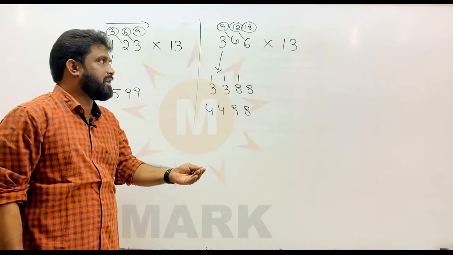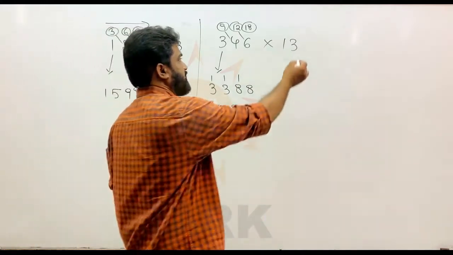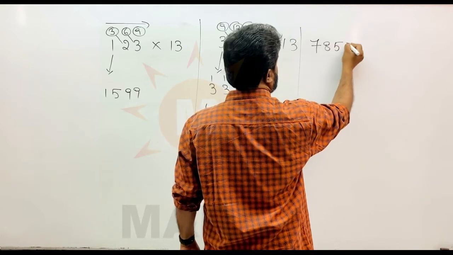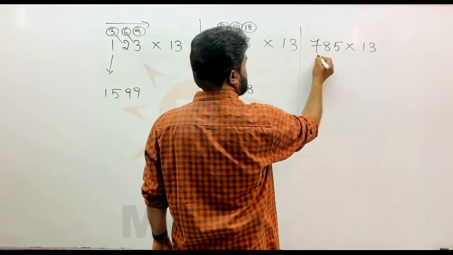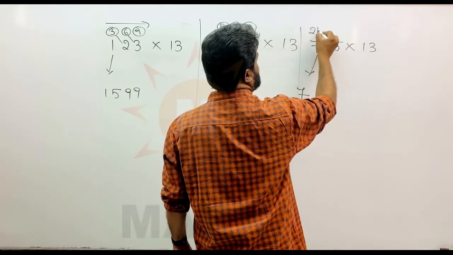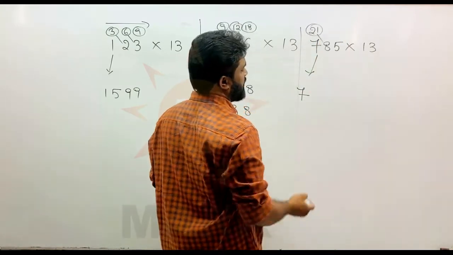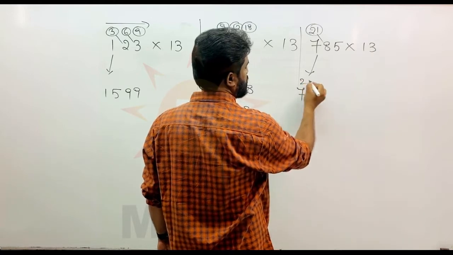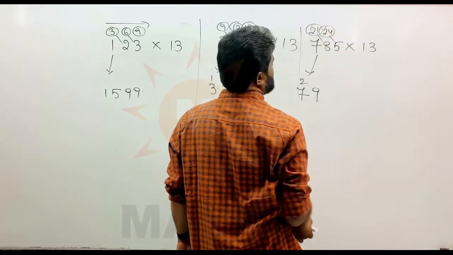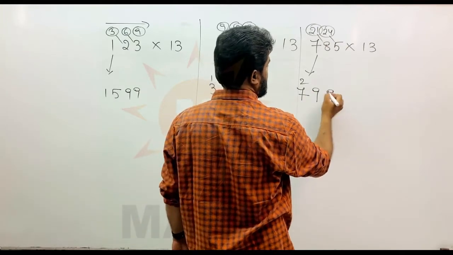So tripling the number, instead of doubling, we are using the tripling technique. Suppose, my dear friends, if I am taking one more number, 785 into 13 I am taking. So first number as it is I am writing, 7 as it is. So what is triple of 7? 21. 21 plus 8, that is 29, 9 here, 2 here. Again, what is triple of 8? 24. 24 plus 5, that is 29. So again 9 here, 2 here.